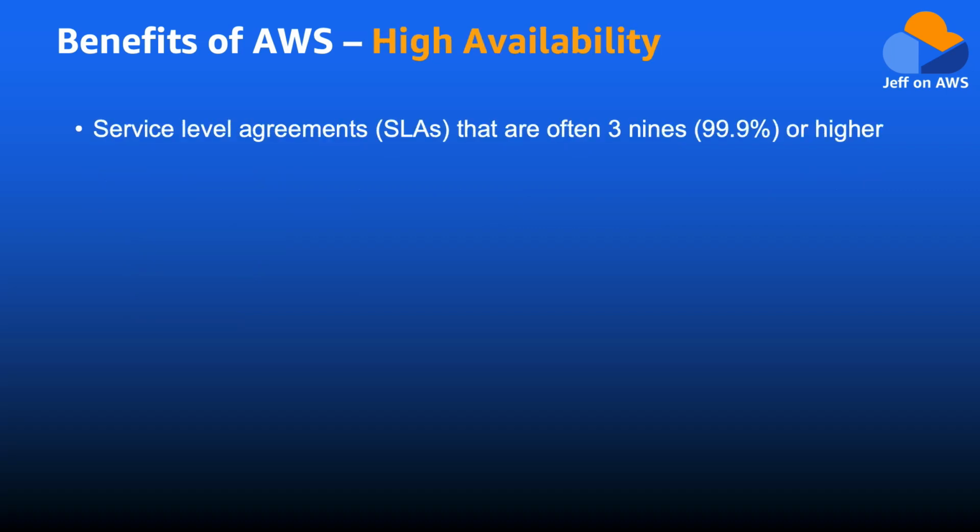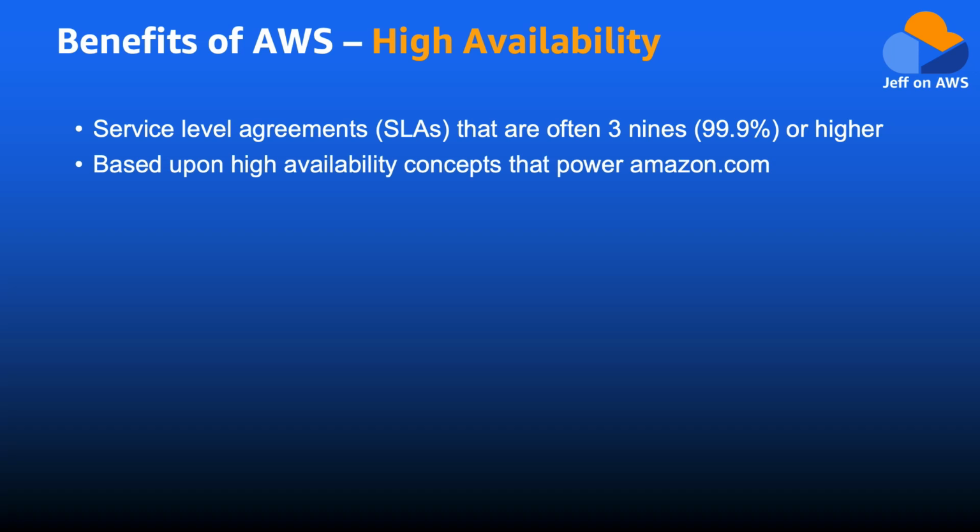Next, let's talk about high availability of AWS. And if you look across all the service level agreements that AWS offers, there are almost always at least 3 nines, 99.9% or higher. And the high availability that was built into AWS is really based on concepts.